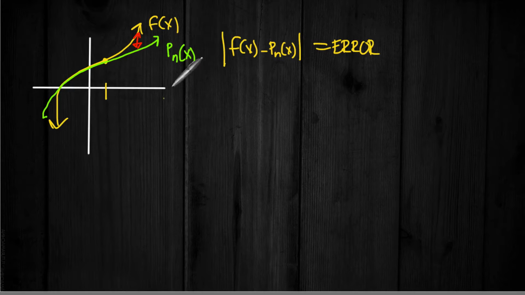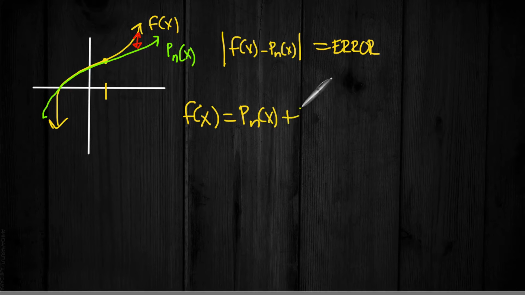Some books may write it this way. They'll say that your original function, f of x, can be broken up or made up of two parts. There is your polynomial, and then there is what's called the remainder.